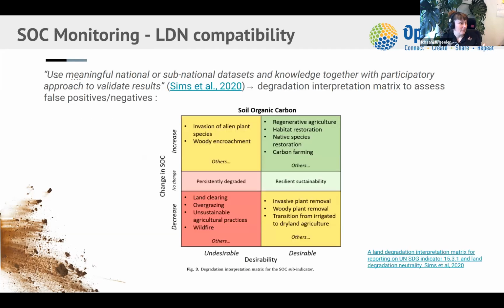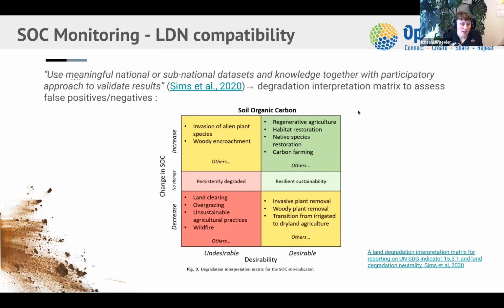This problem specifically has been thought about quite a lot also at the international level. So the idea is that you need to bring in meaningful national, subnational data sets and knowledge, participatory approaches to validate what comes out of these big assessments, degraded, not degraded, okay?